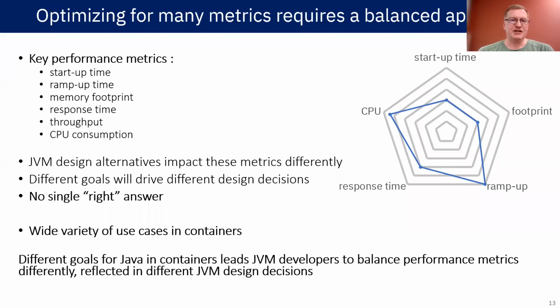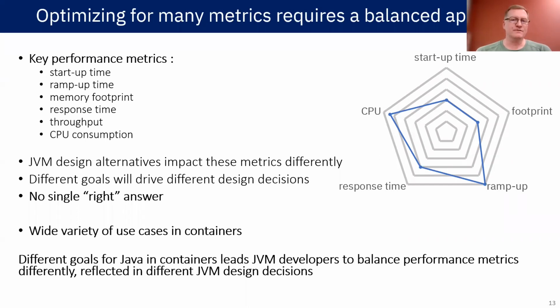Now, this slide lists a number of performance metrics, some of which may matter to you and some of which may not. The point is that the collective set of people who run Java workloads on JVMs, a bunch of people will care about each one of these metrics, and they'll care about them to varying degrees. Now, as JVM designers, when we're looking at how we're going to augment and enhance the Java virtual machine, everything is trade-offs in engineering.